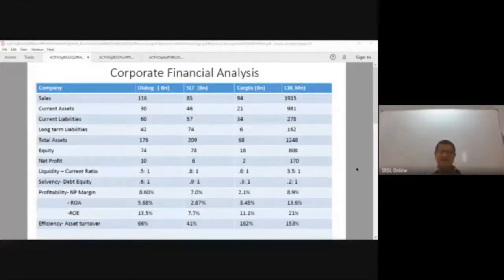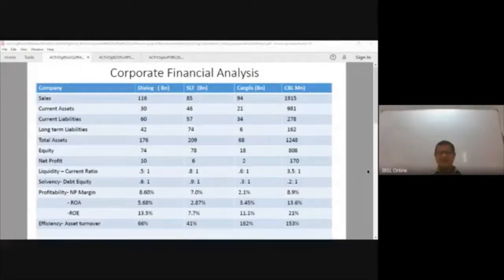You can see the first line is called sales. Dialog has done revenue of about 116 billion in 2019, compared to another giant in the same industry, SLT, which has done only 85 billion, and Cargill's trading company, which has done 94 billion, and CBL has done 1.915 billion in sales.